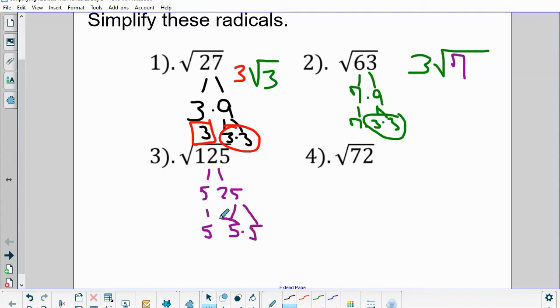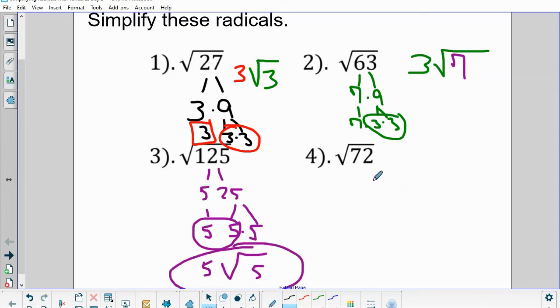So you do have a pair of 5's that you can circle. So when you bring one of those out in front of the radical sign, you'd end up with 5 times the square root of 5. So that would be the simplification of that one.